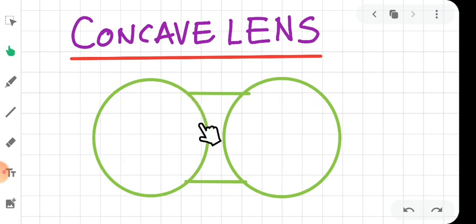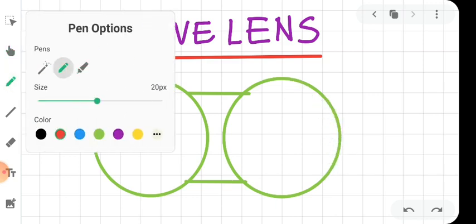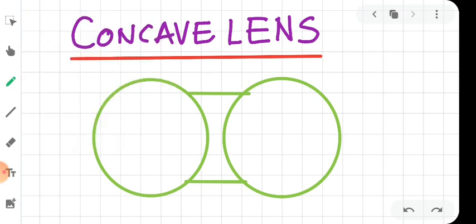This is one interface, this is the second interface, and interface 1 is a part of a sphere, and the second interface is a part of another sphere. These spheres have their own centers, and those centers are the centers of curvature of the interfaces. So this interface has this center of curvature, whereas this interface has this center of curvature. So they are curved around these two points.